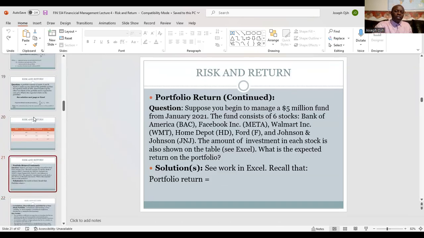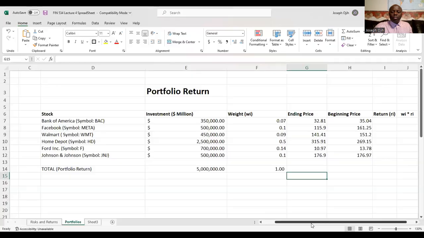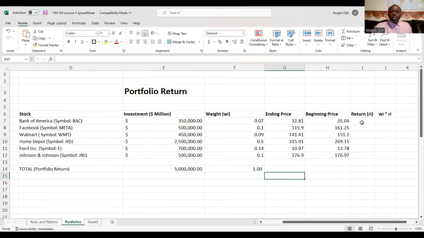So having said that, we can now go to work here and calculate the returns. Okay.